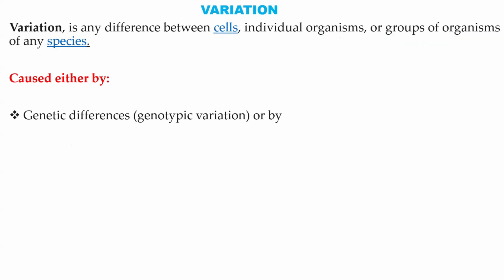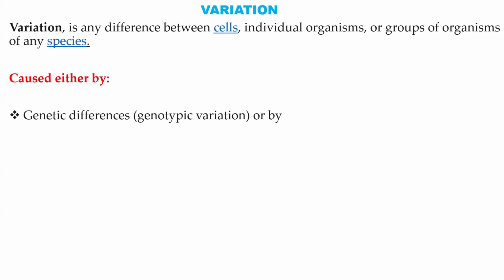Genetic differences refer to the genetic makeup of a particular living organism. Maybe the difference is from the DNA. If there is a difference in the DNA, that is genetic variation.